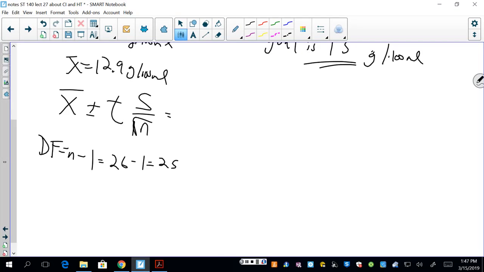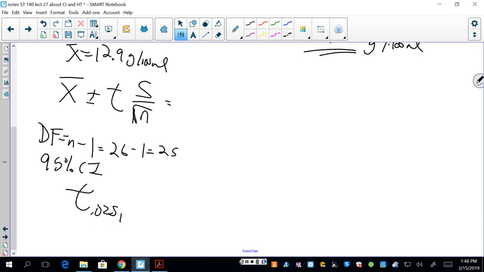Right? So we want to look up, let's do a 95% confidence interval. The t-value that cuts off the upper 2.5% that we would use for this with 25 degrees of freedom is 2.06.